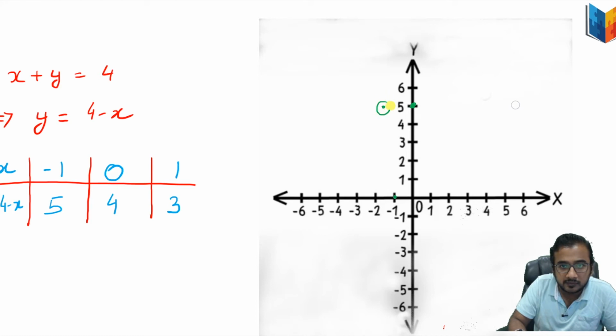So we will make a circle over here. Now when x is equal to 0, y is equal to 4. So over here let us make a circle. I will make a dot. And now the next one is when x is equal to 1, y is equal to 3.